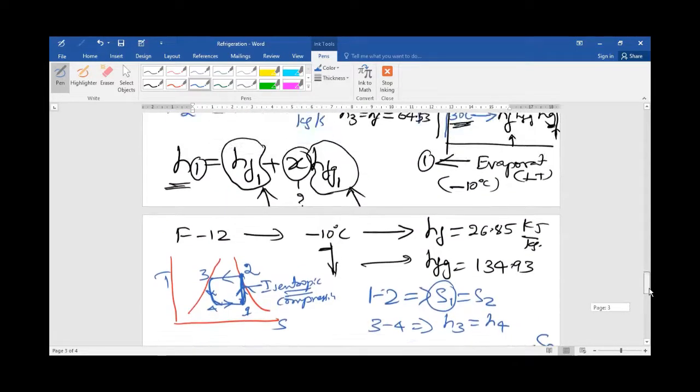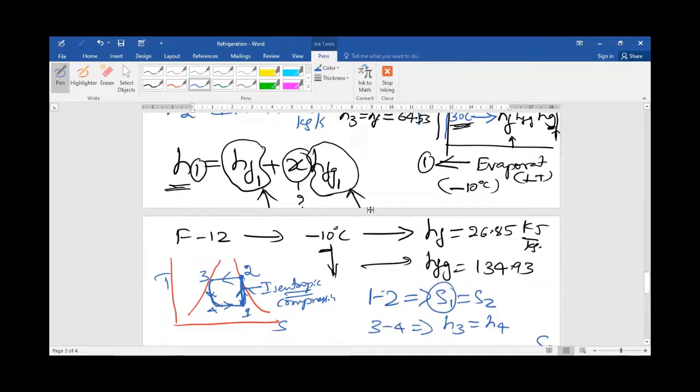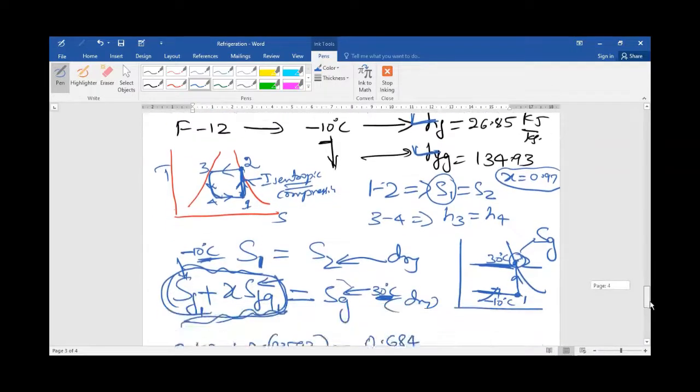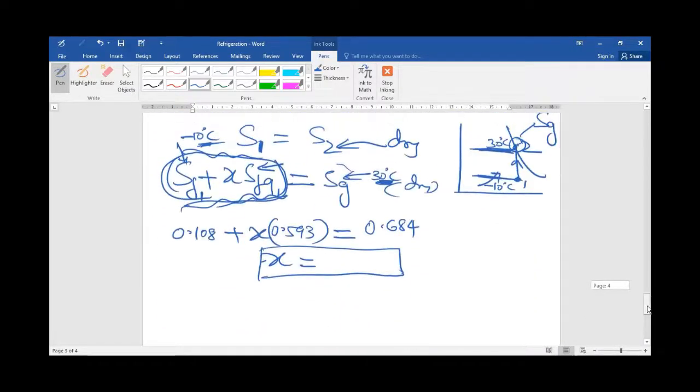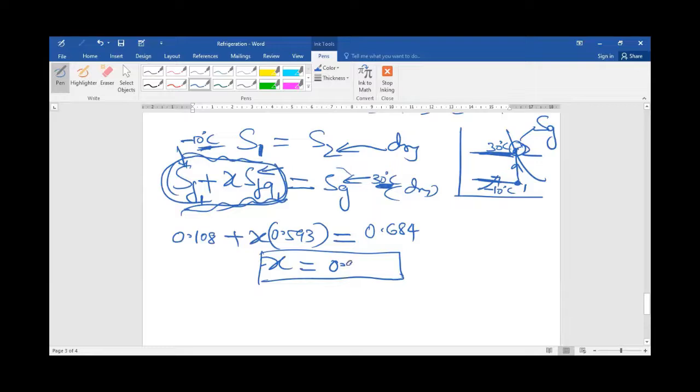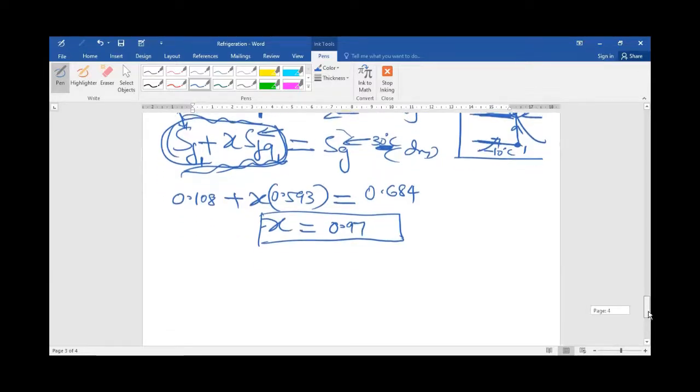Where is that enthalpy equation? Here is the enthalpy equation. For this equation, you have calculated HF and HFG. Now you have also calculated X. You will get 0.97. Okay, similar kind of numerical I have solved in the previous class.